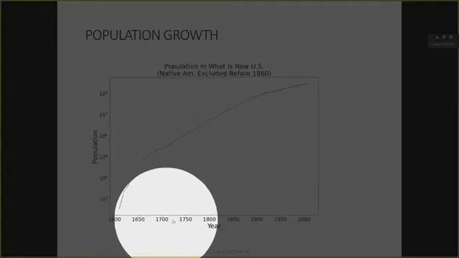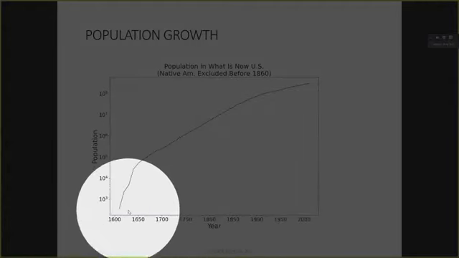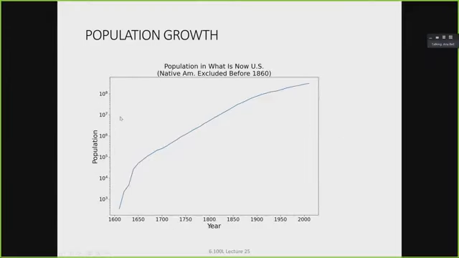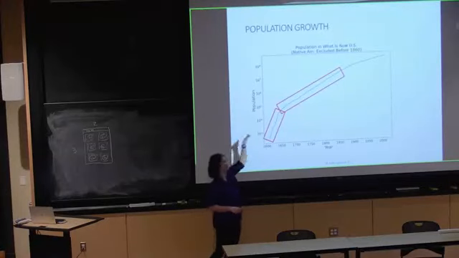The x-axis remains unchanged. We're still incrementing the years linearly, right? But the y-axis is now logarithmic. So what do we notice? Well, I see a line here, and I see another line here.